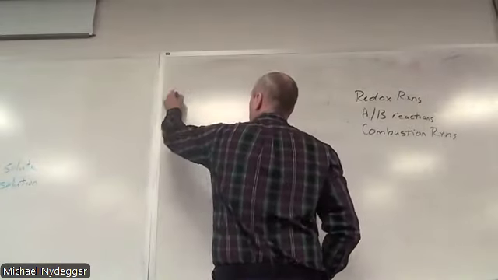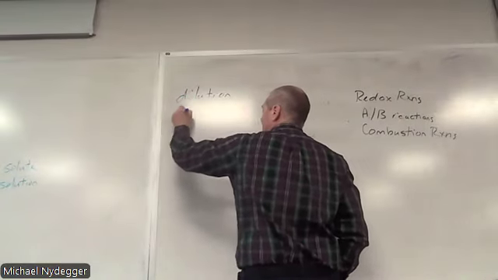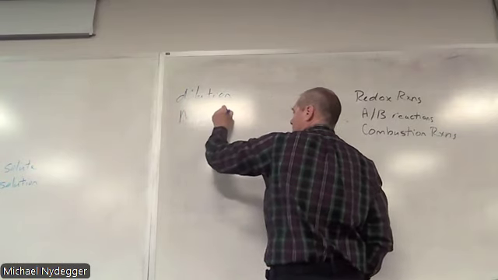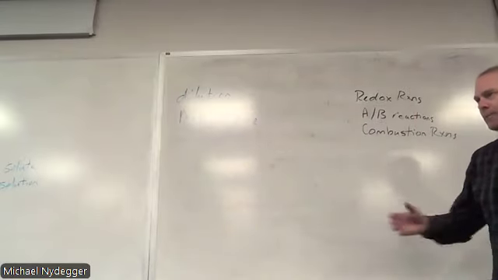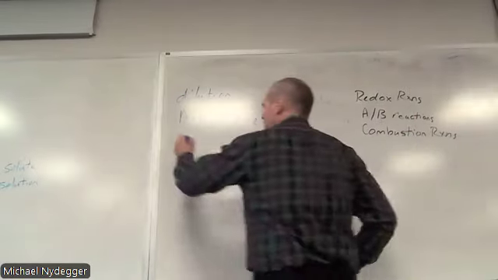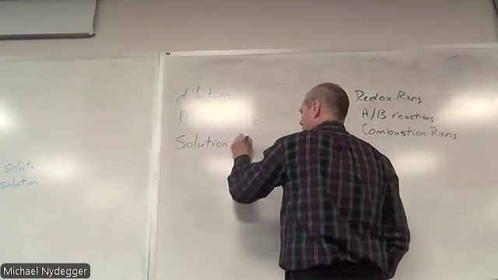And then lastly, we look at dilution. And that will be M1V1 equals M2V2. And just because I know you're asking, yes, we're going to do some, it's going to be riveting. Solution stoichiometry.